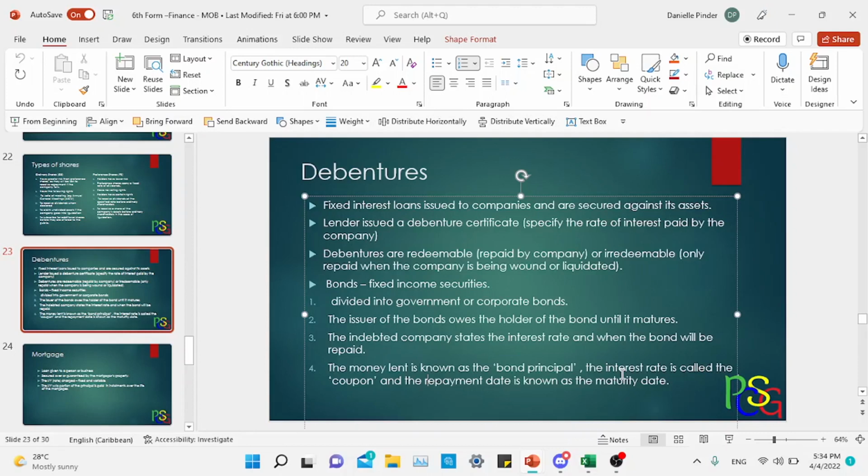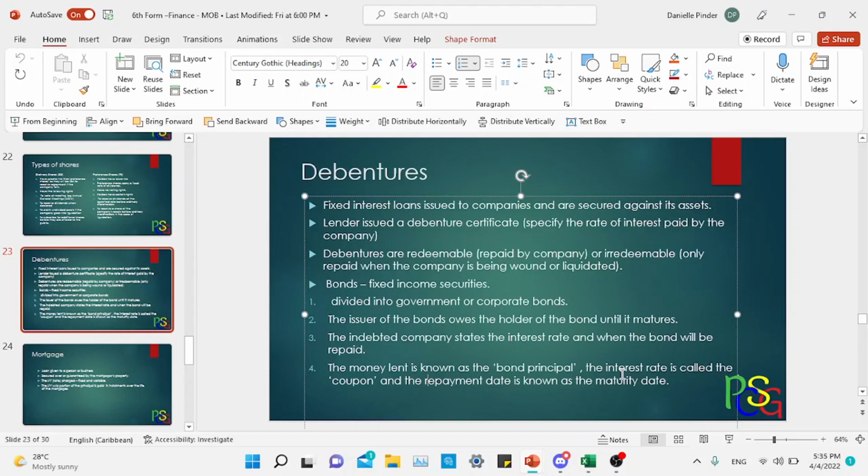So you would get $100 a year from the bonds that you have invested in, and you would get that $100 each year until the bond actually matures.